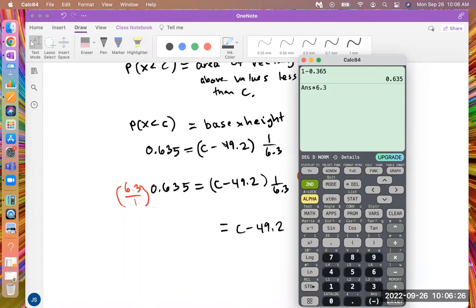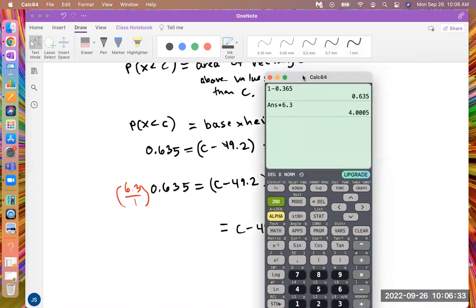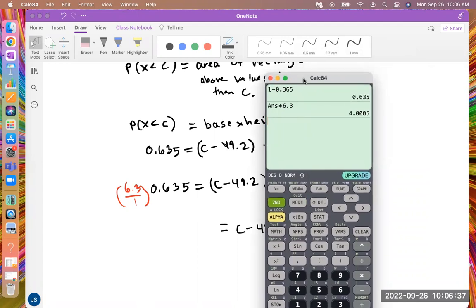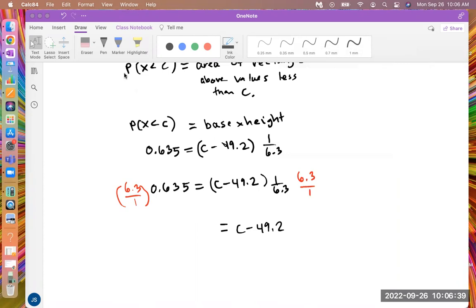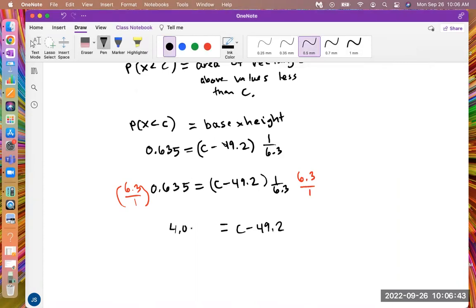So I multiply the 0.635 times 6.3, and I get this 4.0005. And then I just add 49.2 to both sides.